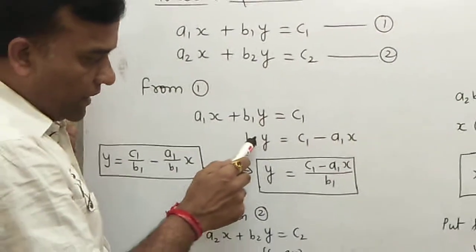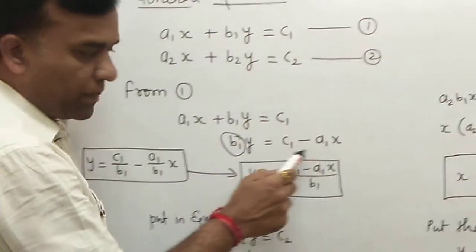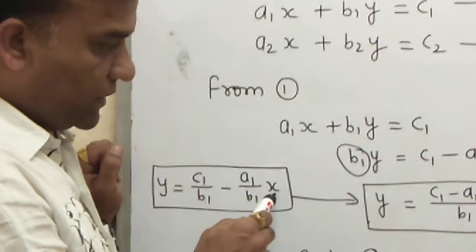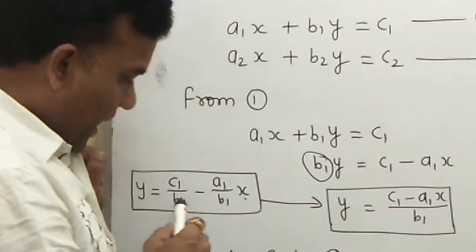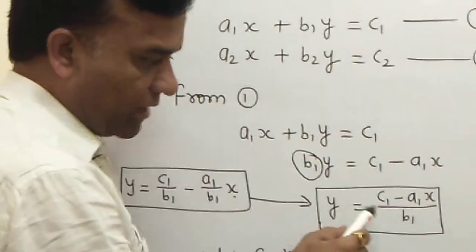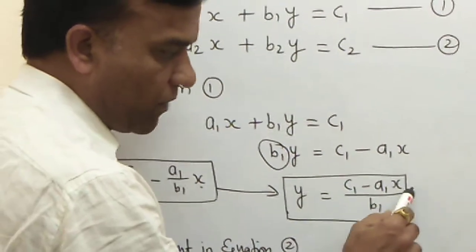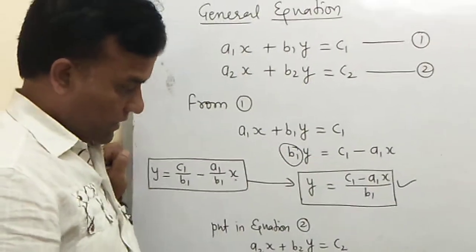Now b1 is the coefficient of y, so divide throughout by b1. So we have c1 upon b1 minus a1 upon b1 x, and taking the LCM, we have c1 minus a1x upon b1. So this is the value of y we got from the first equation.